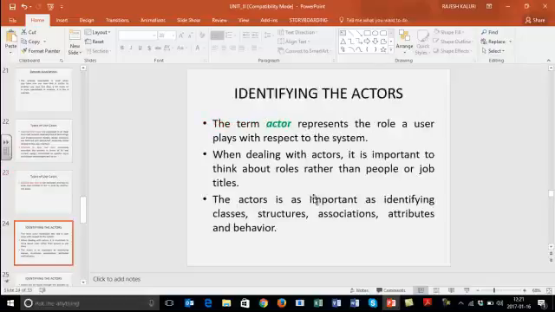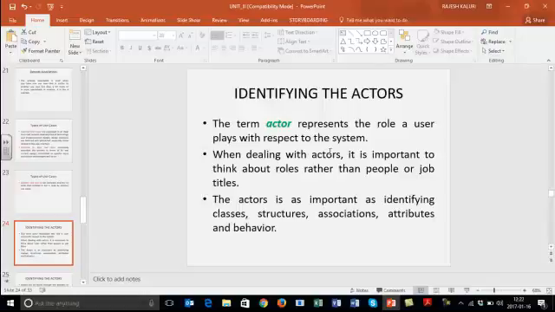And now the next one is identifying the actors. How we need to identify the actors means there are a few steps over here. The term actor represents the role a user plays with respect to the system. As I told earlier, the person who wants to use the system, or is interested to use it, that particular person is called an actor.